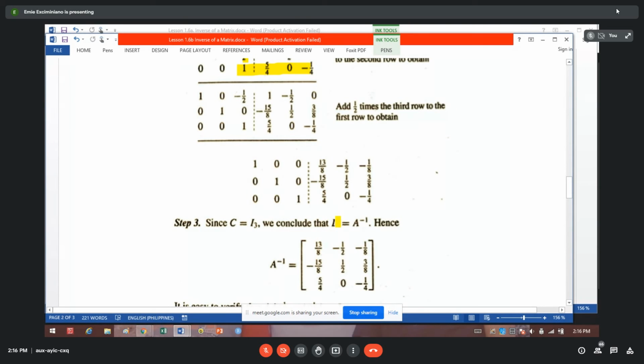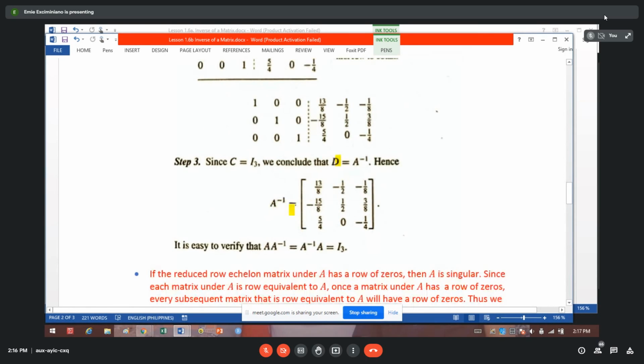Okay, and D, therefore, kasi dito is augmented D. So, D is our inverse. Ito yon. So, therefore, the inverse of A contains etong mga to. 13/8, -1/2, -1/8, and so on.